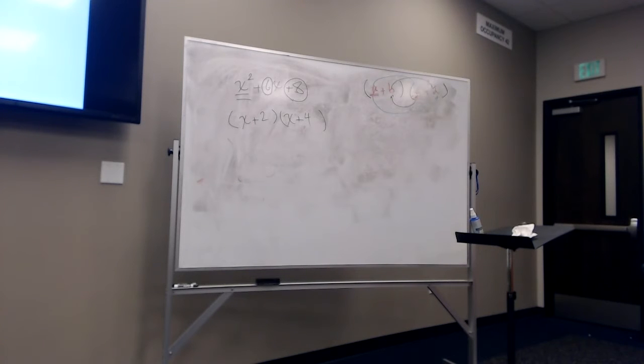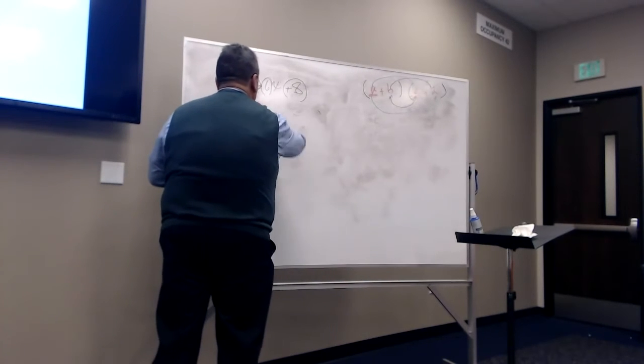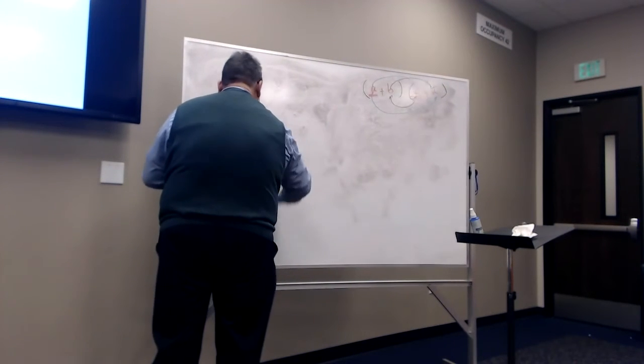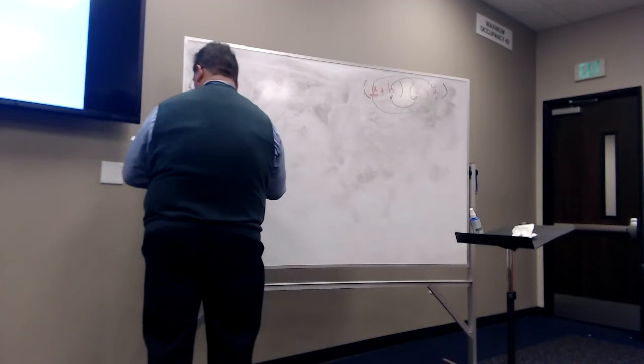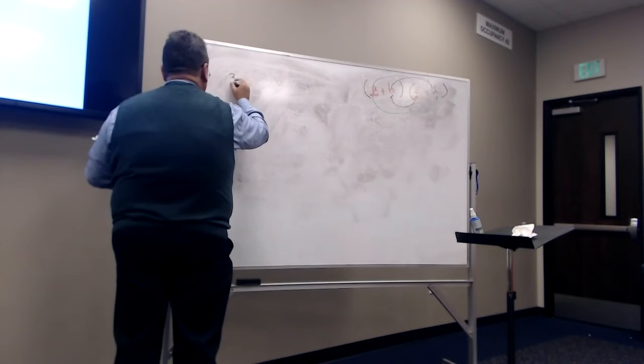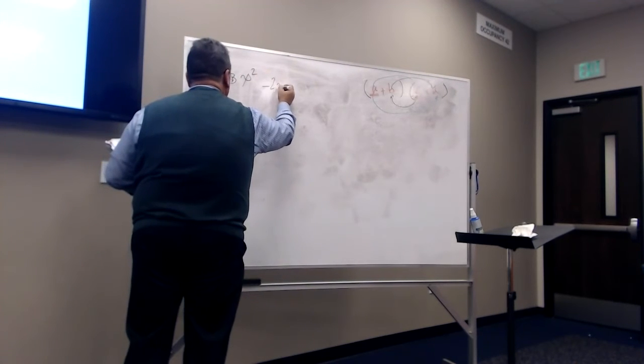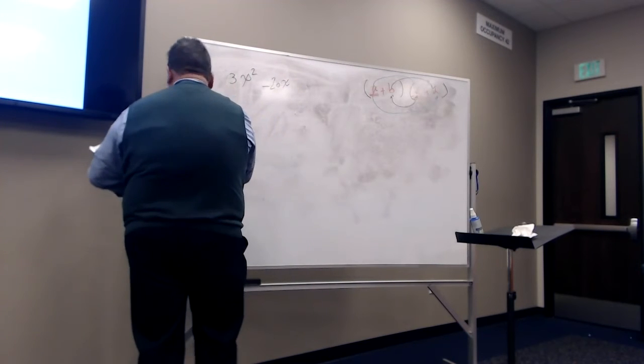On page 354, example 5, it gives us 3x squared minus 2x plus 28. x squared minus 20x plus 28.